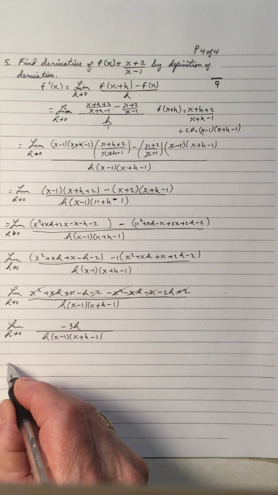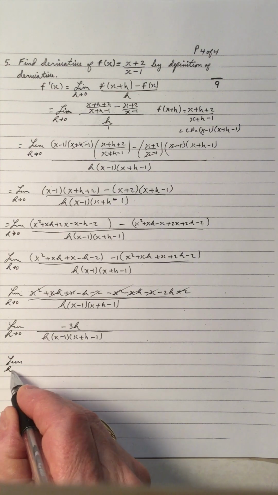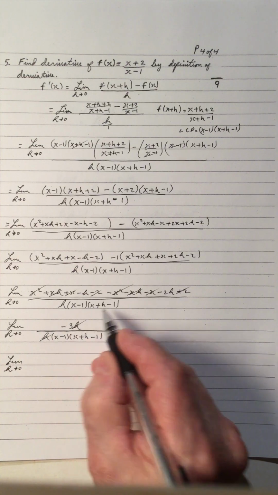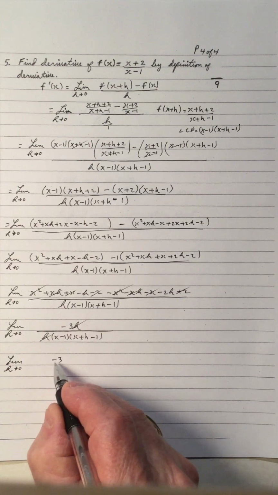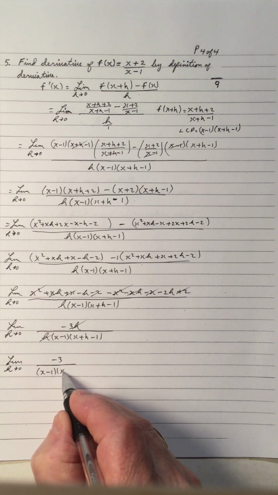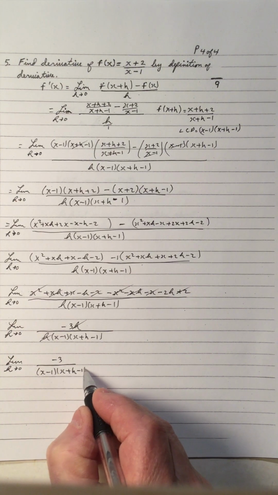And we can tell if we have it going okay, because the h's should cancel out. H cancels out here, so I get a negative 3 all over x minus 1, x plus h minus 1.